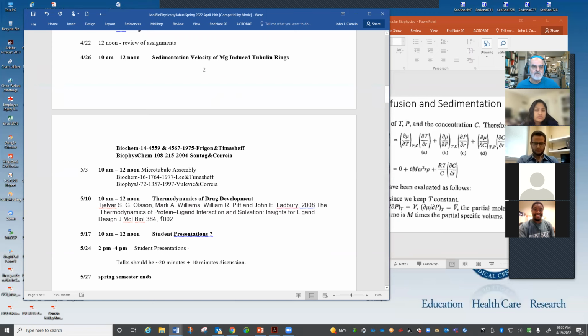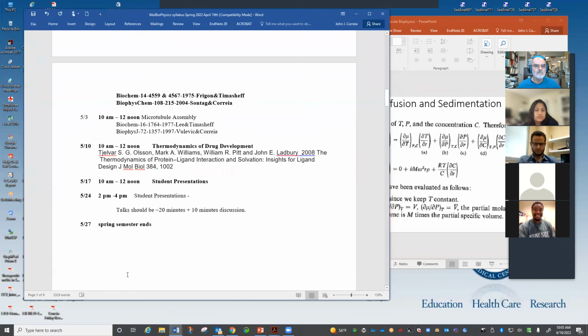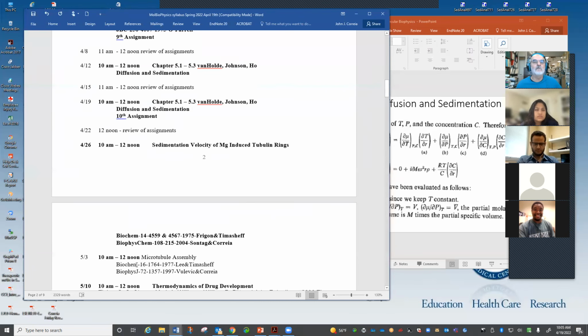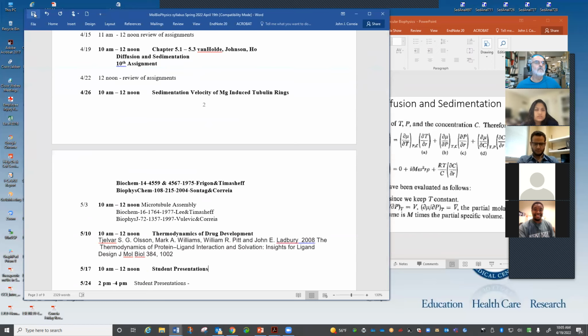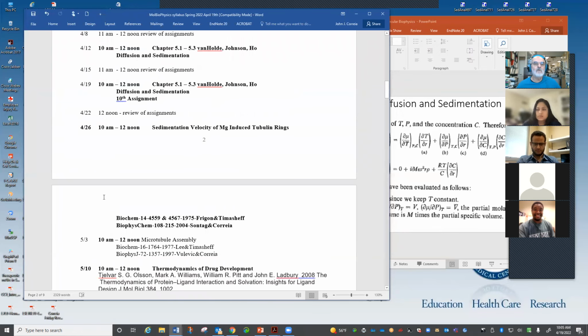This will be a nice summary to a lot of the thermodynamics that we've discussed. And then we'll have 2 weeks to do student presentations, okay? And I'm almost ready to give you the papers for that. I'm still searching around for something that I like better than what I have. Okay, so that's sort of where we are.